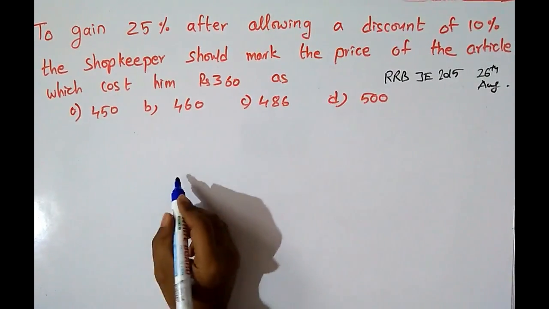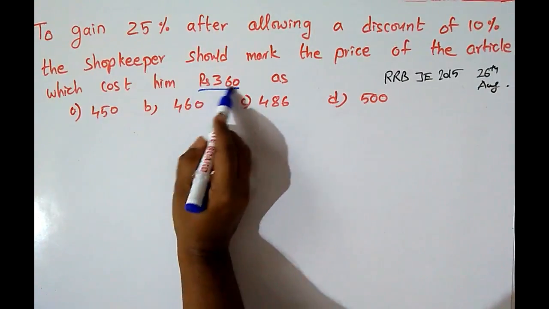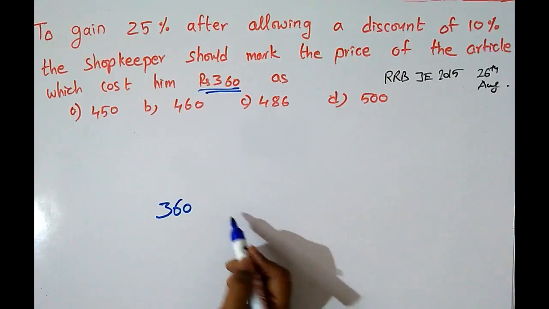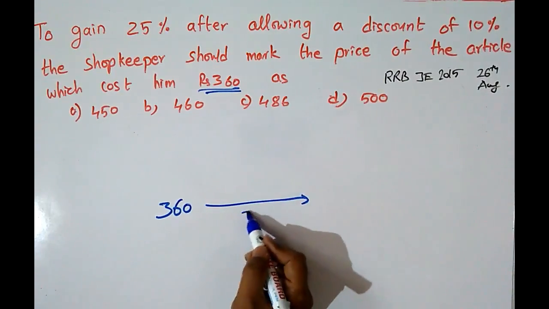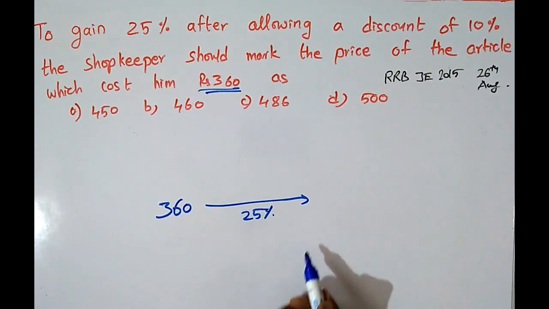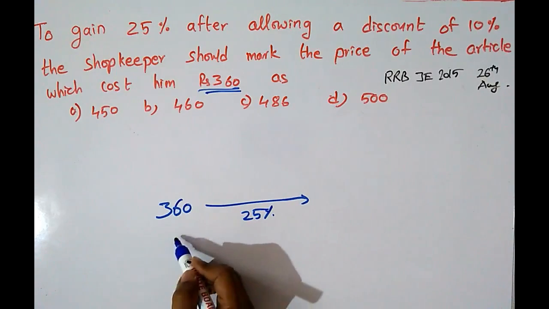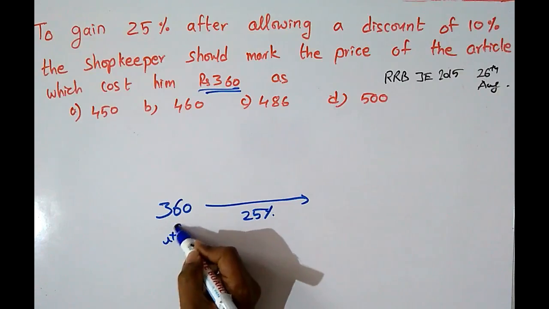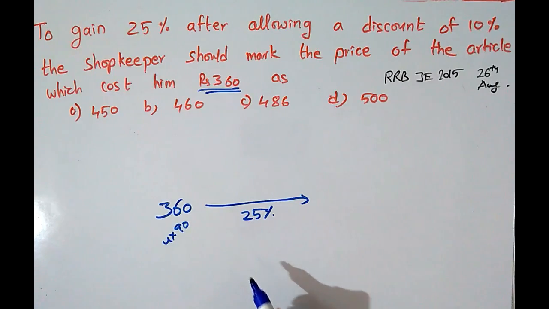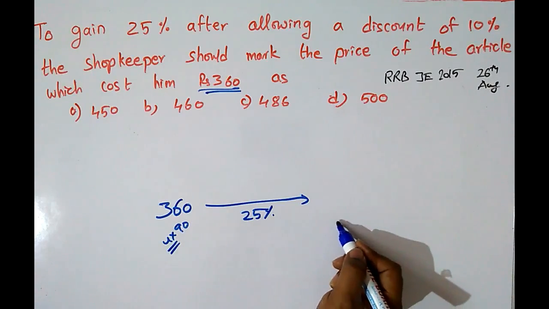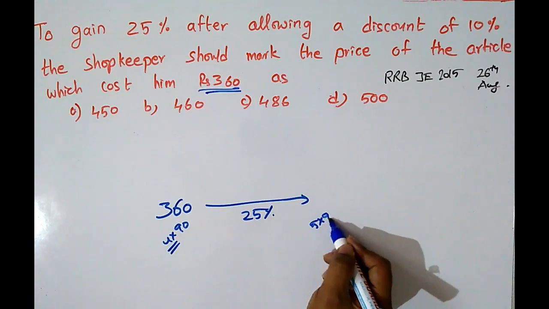Okay friends, let us see. Actually the cost of the good is 360 rupees. He wants to sell it for 25% profit. That is, this is 4 times 90. Am I right, friends? So 4 times 90 is 360. I will go for 5 times 90.